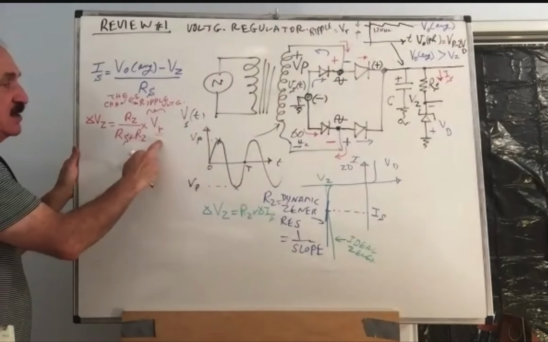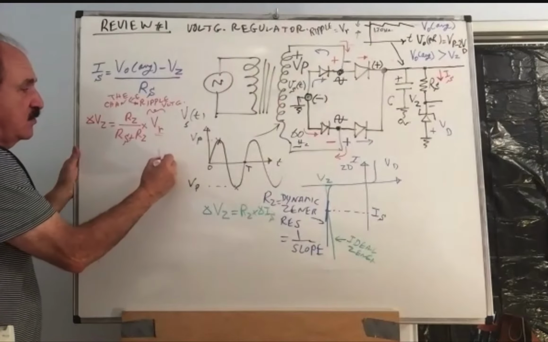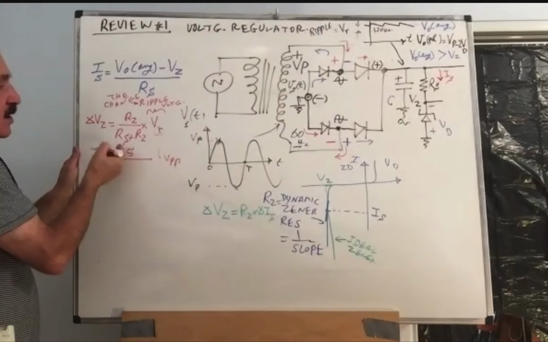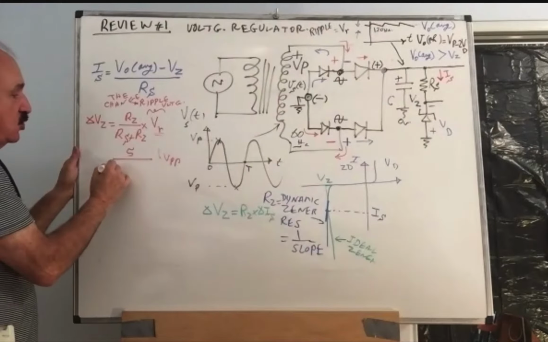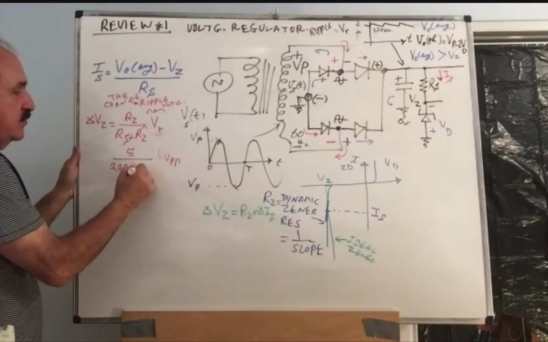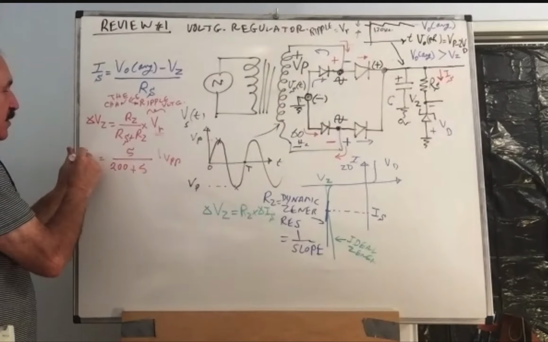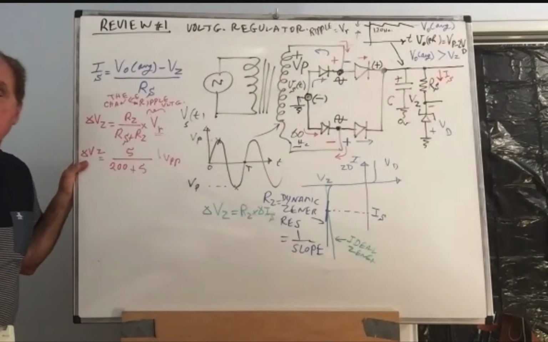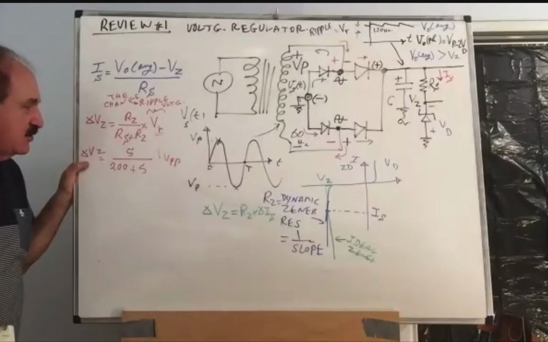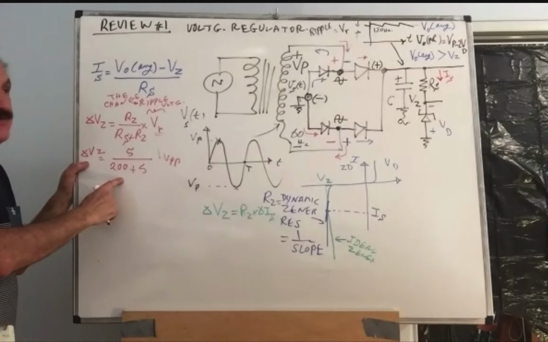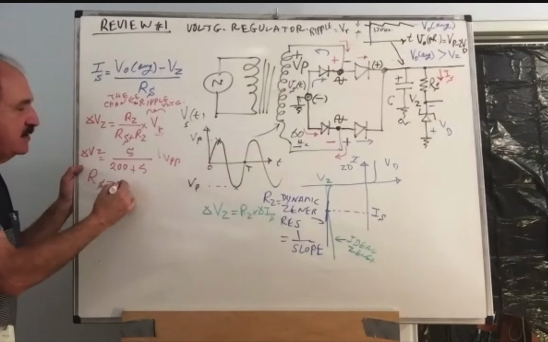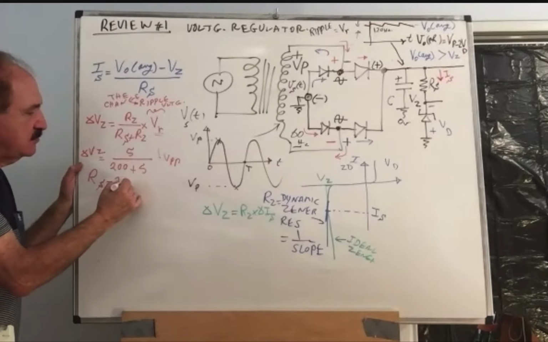So if I had 1 volt peak to peak, RZ 5 ohm, RS was, say, 200 ohm. Look how much the ripple voltage will reduce on the Zener diode. 5 over 200, this is the RS, 200 ohm.